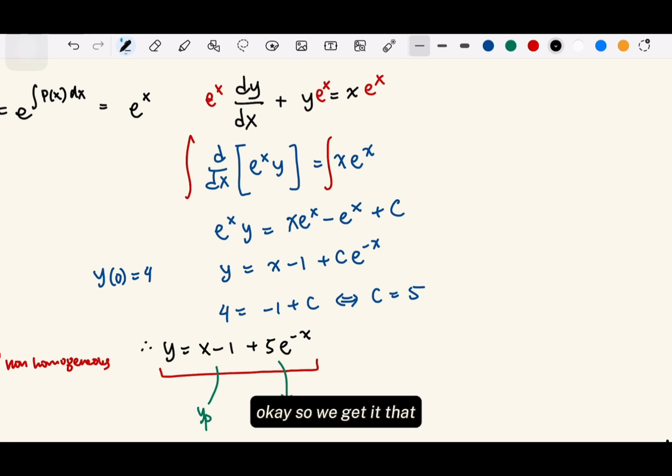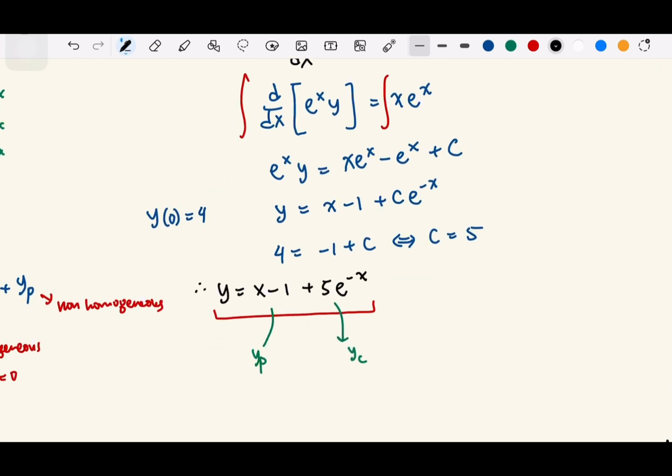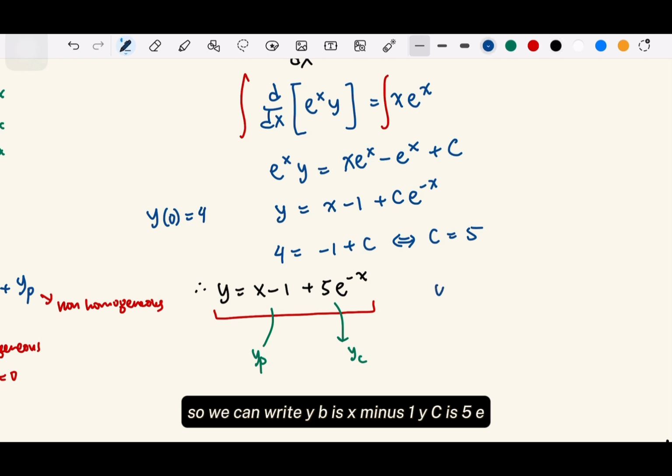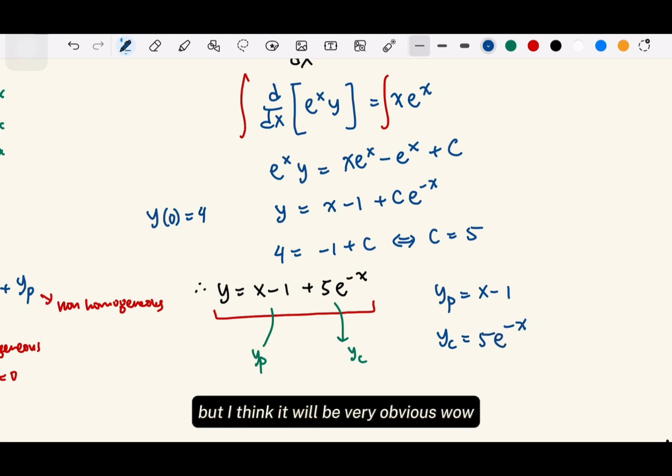Okay, so we get that the 5 multiplied with e to the power of negative x, that will be our YC. So we can write YP is x minus 1, YC is 5e to the negative x. But I think it will be very obvious.